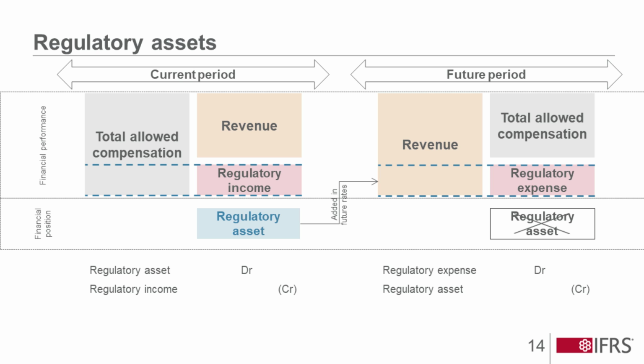As a result, the entity has an enforceable present right to add that unrecovered part of compensation for goods or services supplied to the future rates the entity will charge customers.